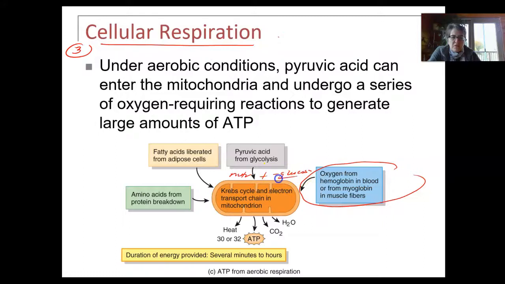So I have glucose and I have oxygen, and I am able to make 32 ATP. In the presence of oxygen, I'm a lot more efficient. 32 ATP can last several minutes, to 2 hours.